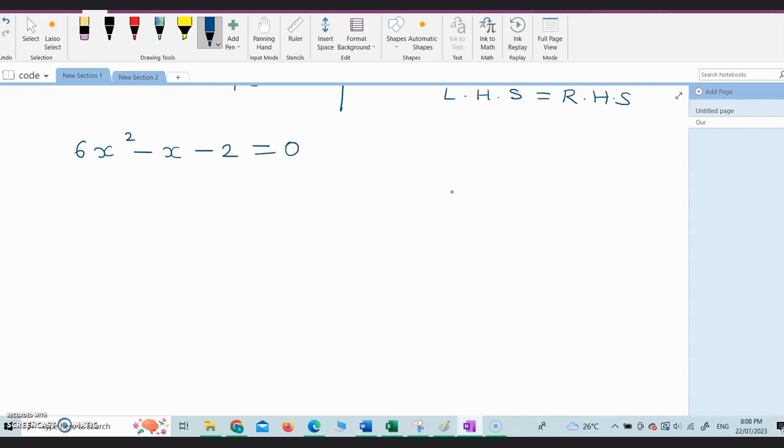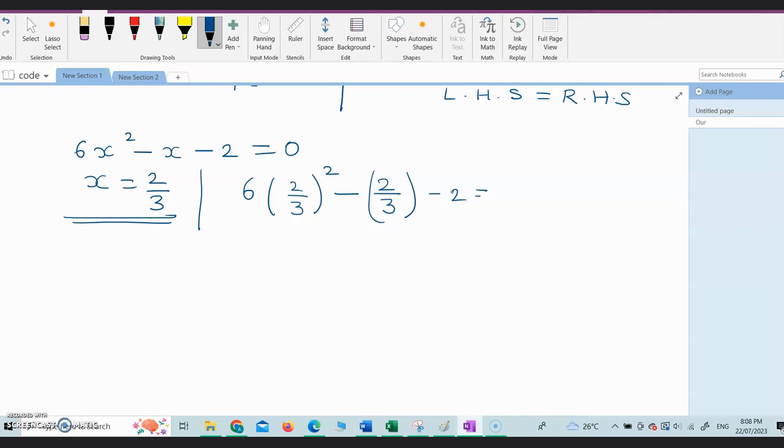And we are checking for x equals to 2 by 3 if it is a root or not. So we will put the values. So it will be 6 into 2 by 3 square minus 2 by 3. We can put the bracket minus 2 equals to 0.